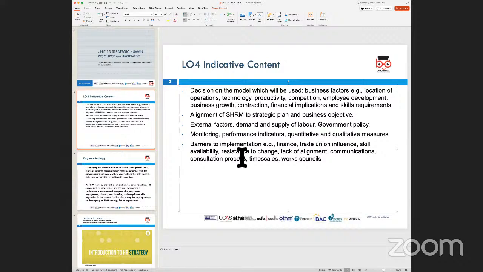Lack of alignment, if the strategy is slightly not aligned with the organizational strategy, and communication can be seen as a bottleneck. So there are lots of different points which can be deemed as potential barriers, and they would be in the discussion that we will do primarily in this last distinction criteria.